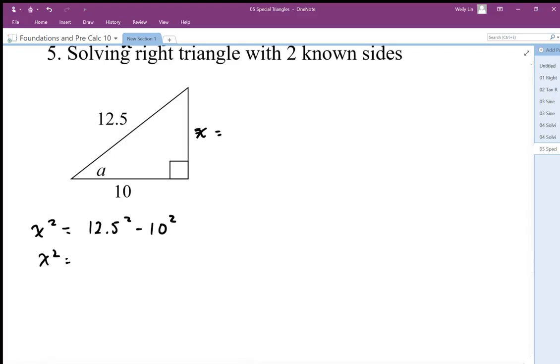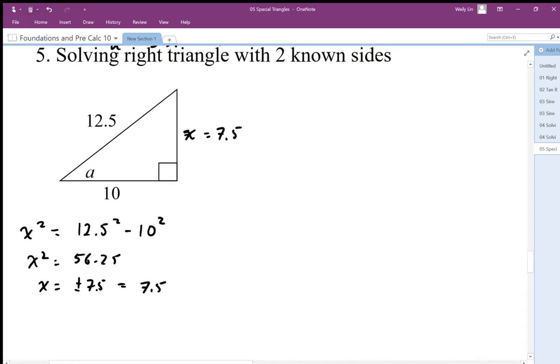That gives me 56.25. Square rooting both sides of that, I'm going to end up with 7.5. So this is the length of 7.5 exactly. This is a Pythagorean triple, so it's exactly 7.5.